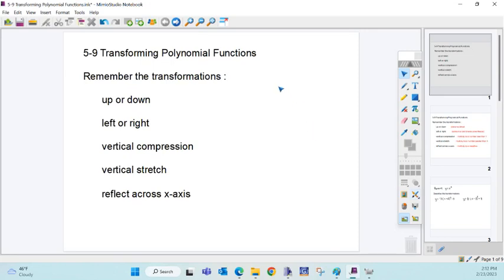All right, here we go. So from way back when we were doing transformations, when you had the absolute value equation, the graph, we had the up, down, left, right, compression, stretch, reflecting across the x-axis.